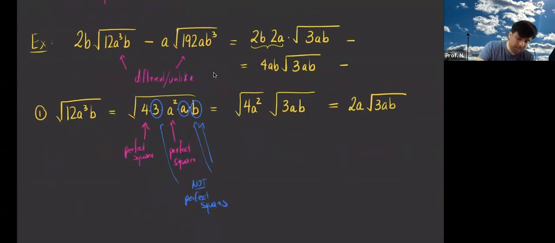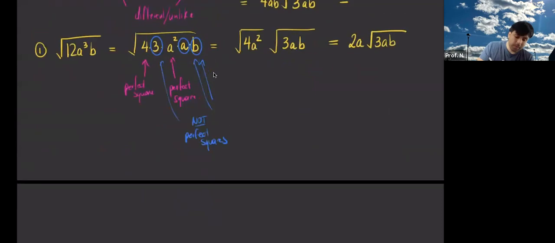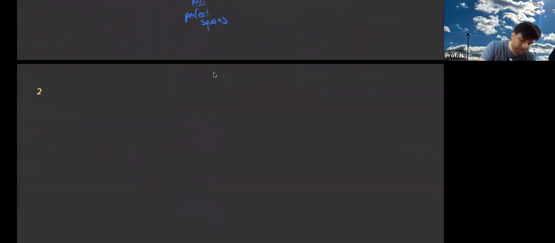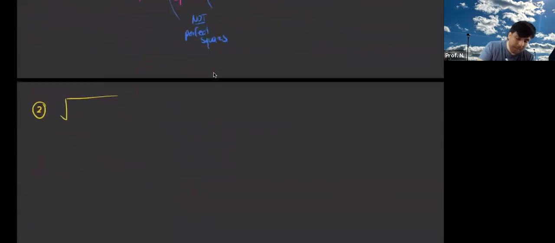So just to make sure we're on the same page, this is radical number 1, and I'll call this number 2. So radical number 2, I got the square root of 192ab cubed.